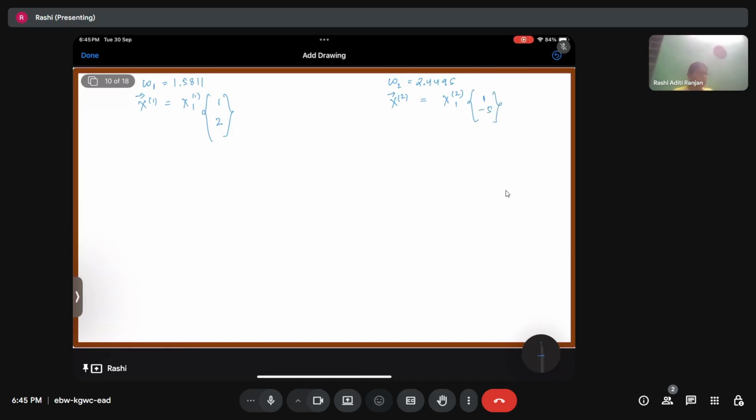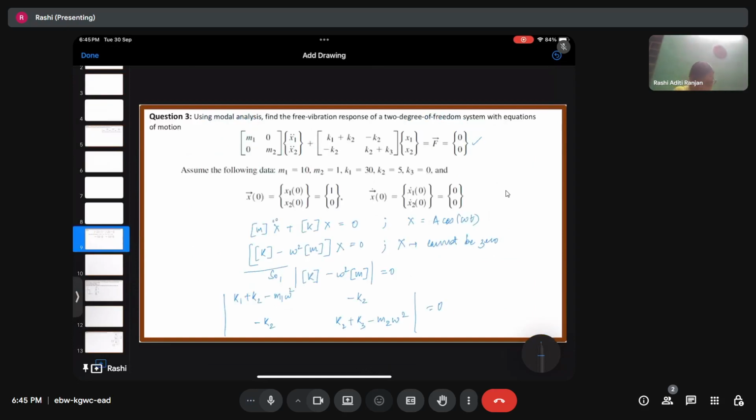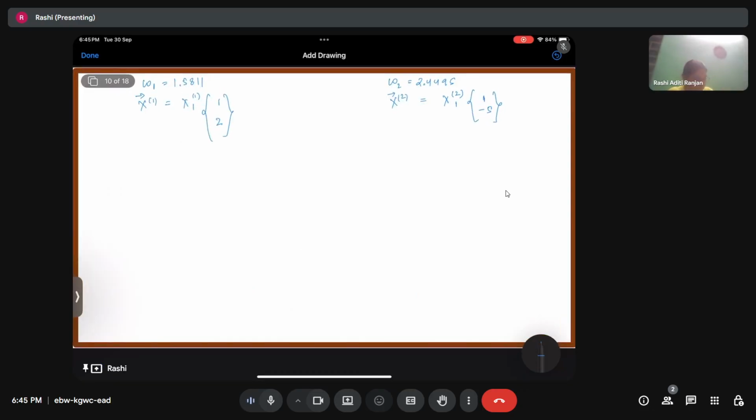Now we can write this in a general form, right? For example, for our system, we had this equation. This we can further write, by taking k on the other side or omega square on the other side, as omega square m x is equal to k x. We can write it like this, right? Where omega is what?